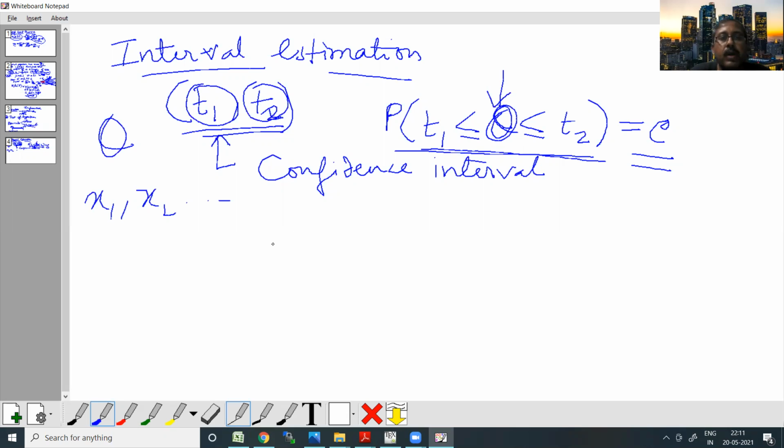Now, say for example, we are talking about the mean, mu, as the characteristic. How do we do that?